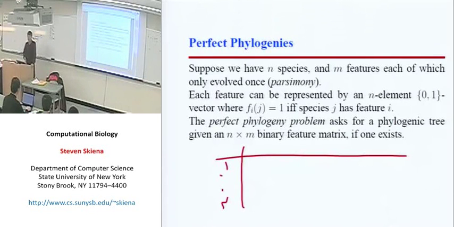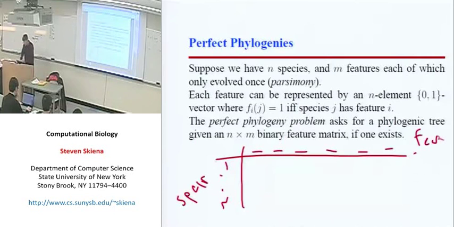How many legs does it have? Does it fly? How big is it? How small is it? So she basically studies fossils and builds a matrix where the rows are species and the columns are features.